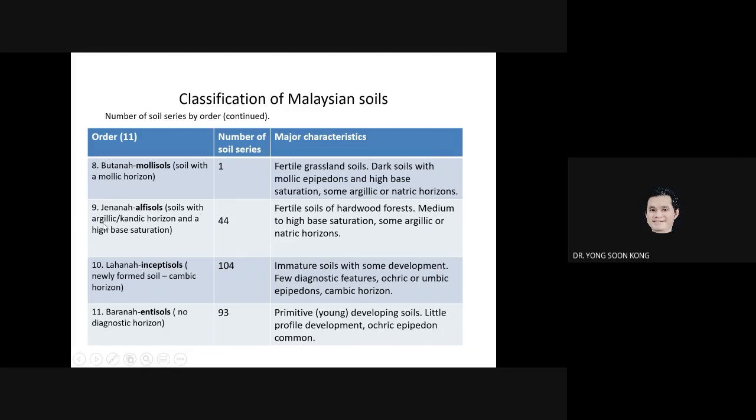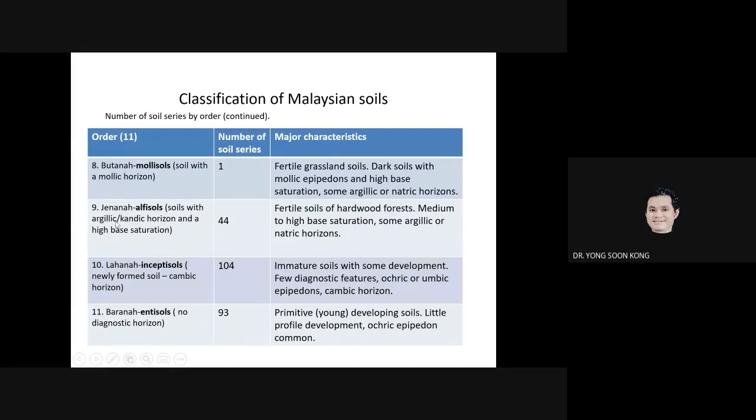Now this one is associated with argillic and candic horizon. If you still remember what is argillic, I think I haven't explained to you what argillic means. Argillic is the t. Remember just now I told you that small t. Small t means they have clay accumulation. So usually these are weathered as well.